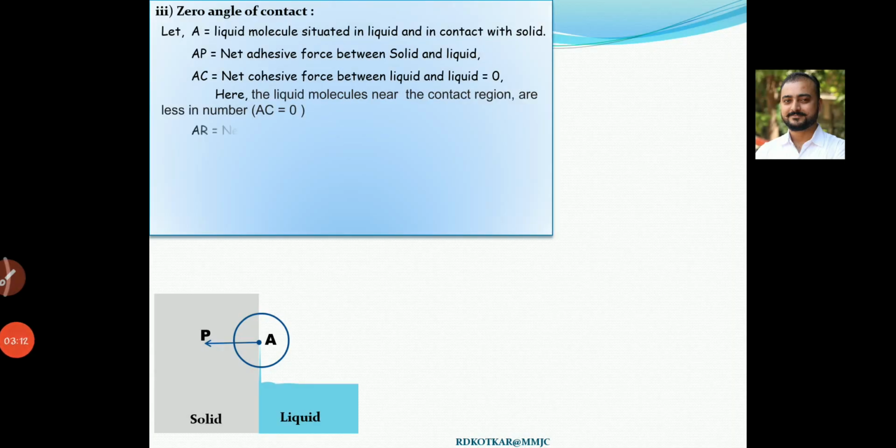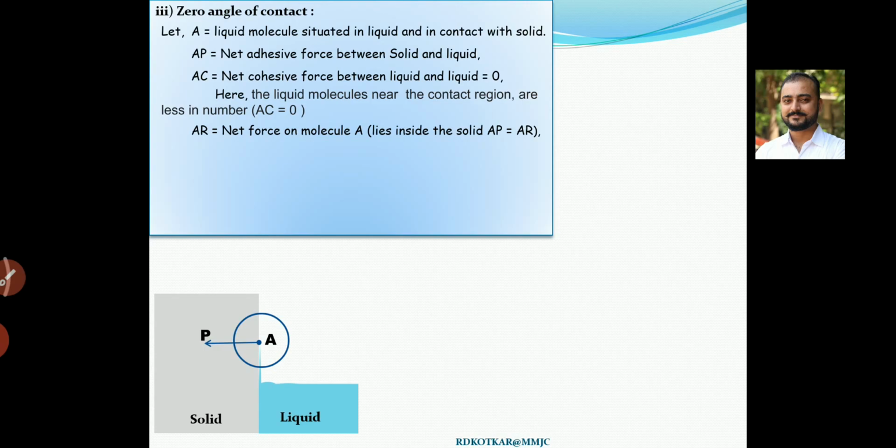Then AR is the net resultant force on molecule A. Means due to the adhesive force and cohesive force, the net force acting on molecule A is given by AR.